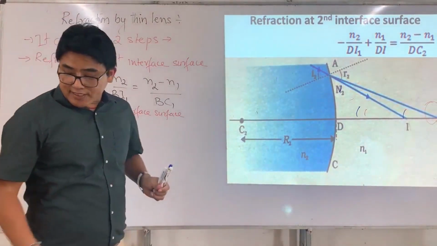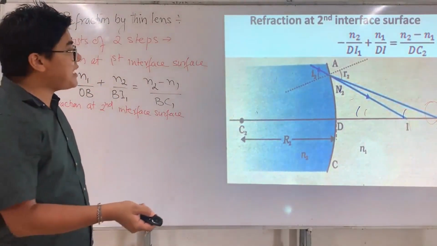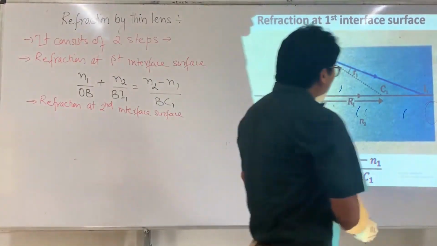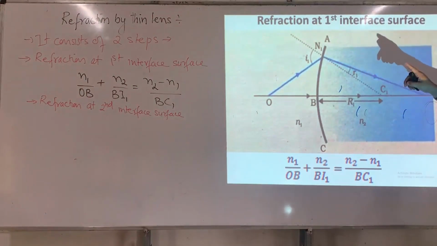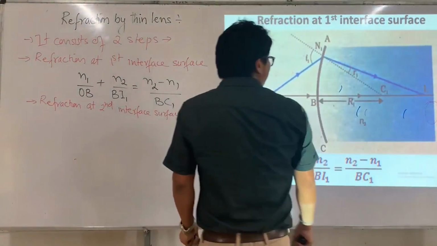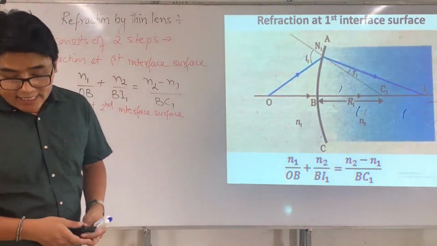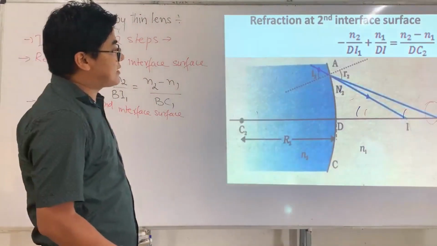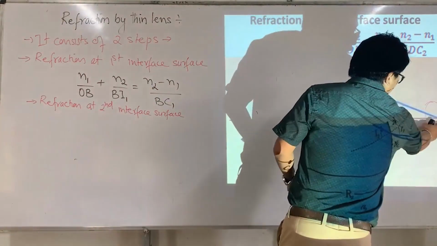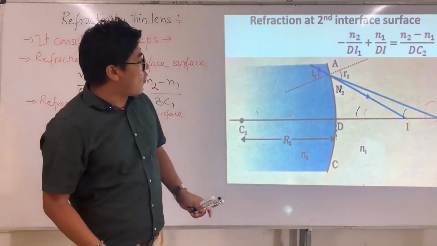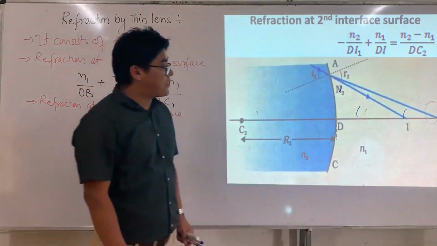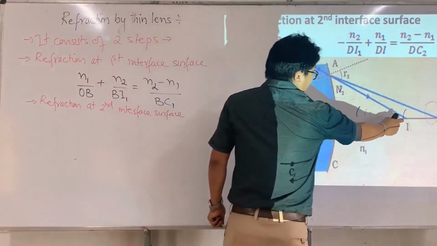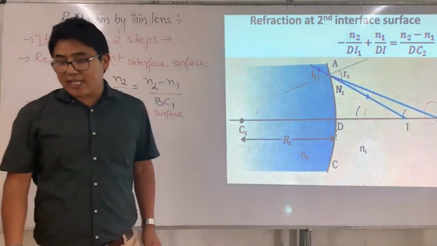For the second interface surface, I1 acts as an object for the second surface. So this is an object, and then I is an image.